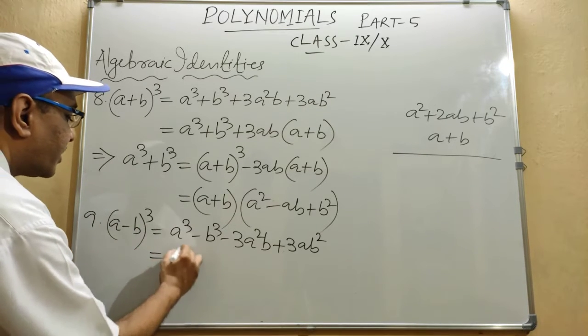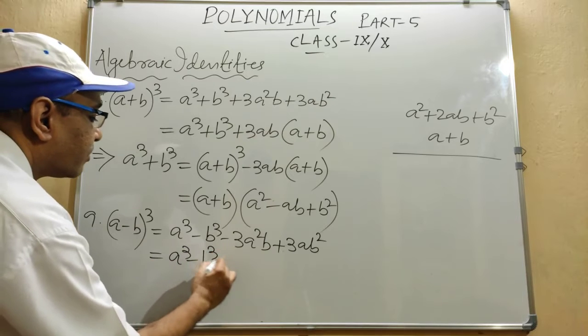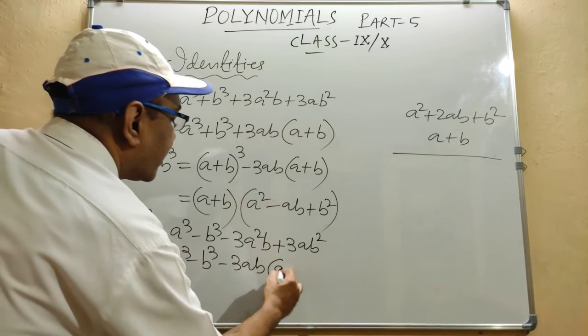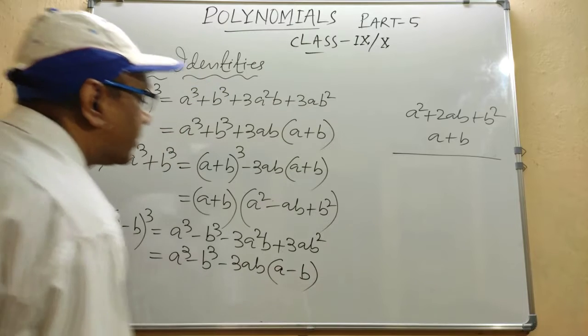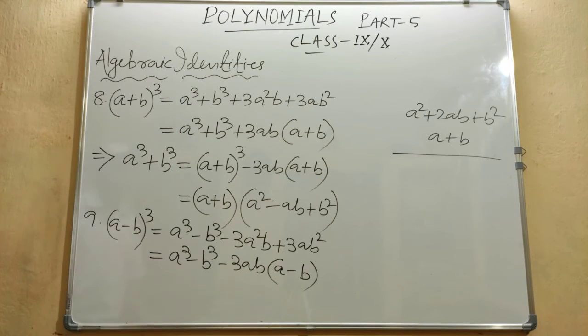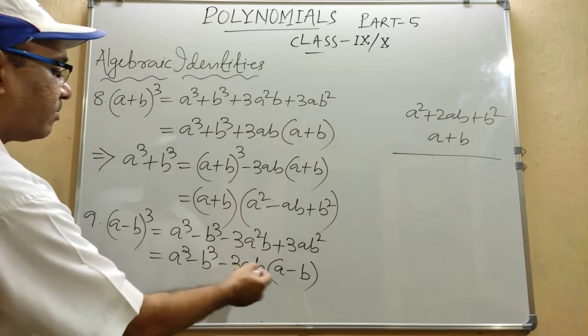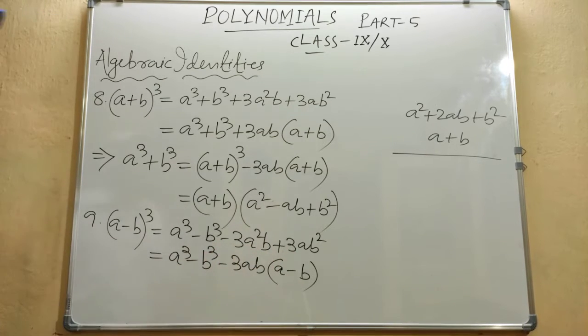This can also be written as a cube minus b cube minus 3ab; if you take it common, you will get (a - b) within bracket. So this is also a result: (a - b) whole cube can be written as a cube minus b cube minus 3ab(a - b).